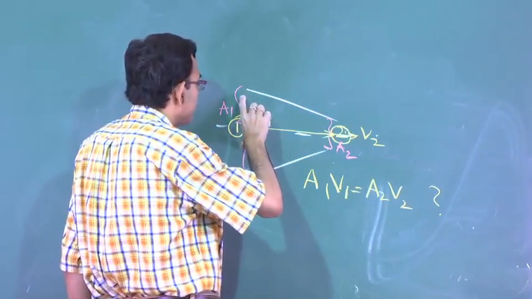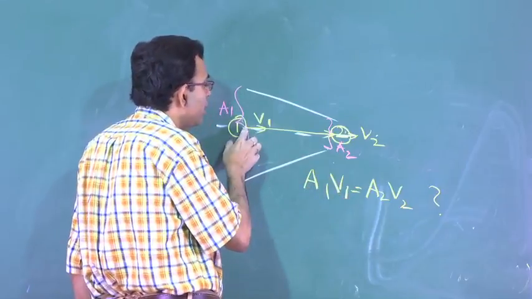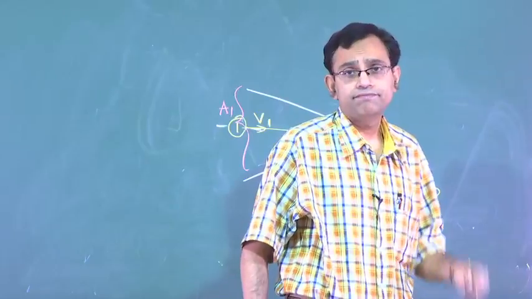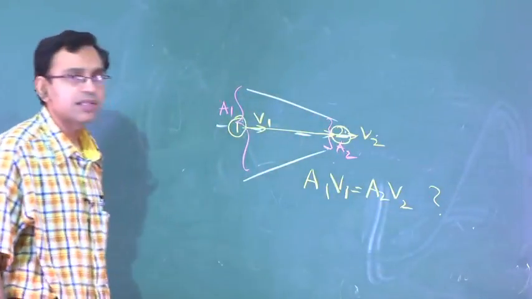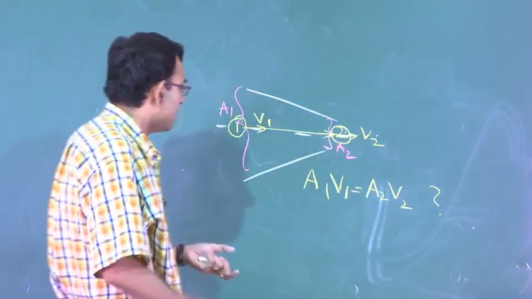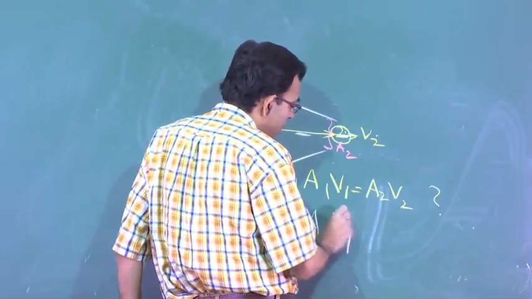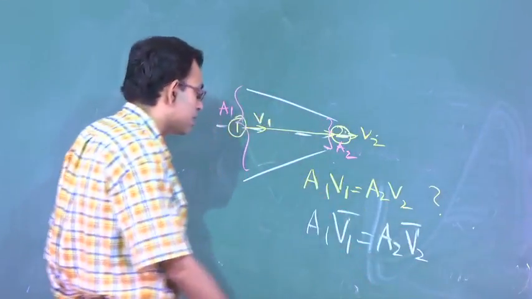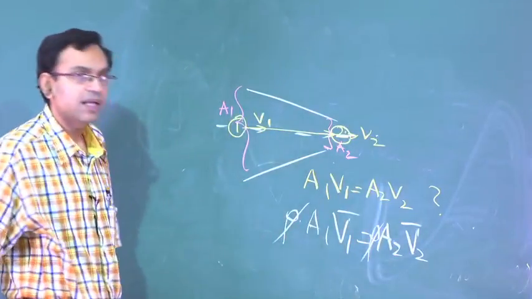We are writing A1 as area of section 1, but V1 is the velocity at point 1, as claimed in the question, and many times for problem solving also we use this V1 for velocity at 1. Actually, if rho is constant, the correct form of this equation is A1 into average velocity at section 1 is the same as A2 into average velocity at section 2, assuming that rho is constant on both sides and gets cancelled.